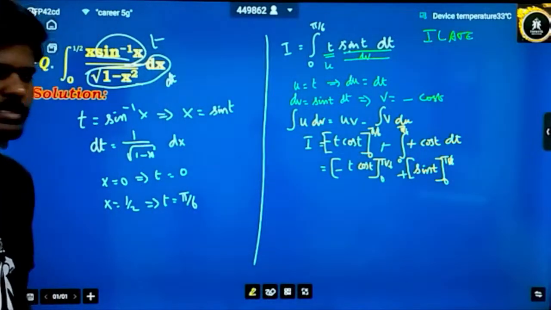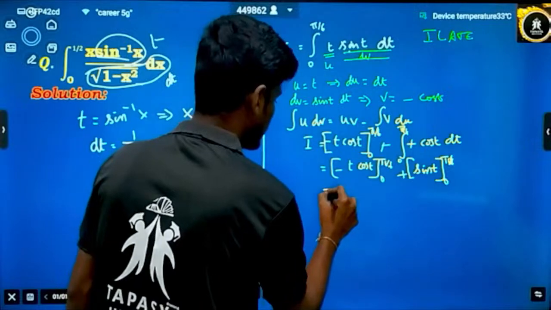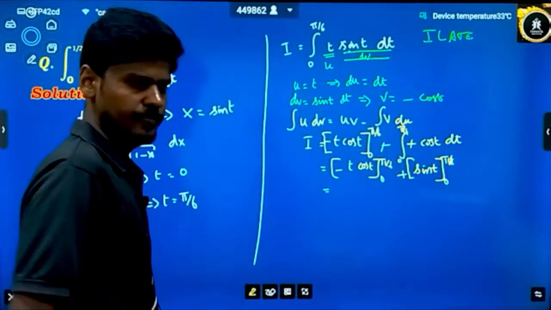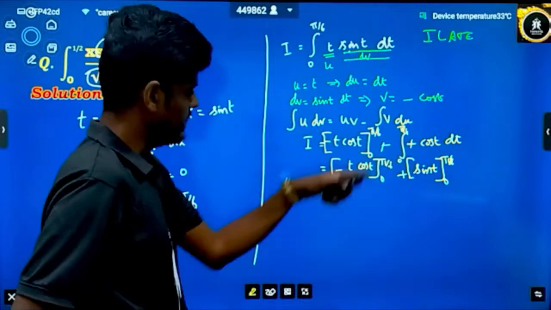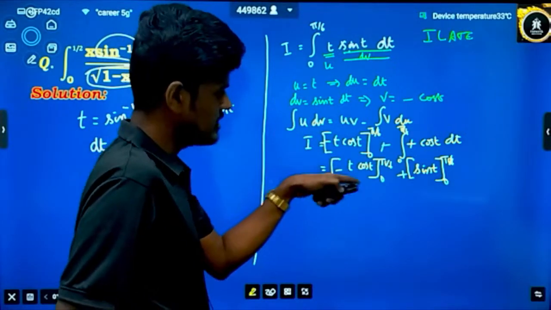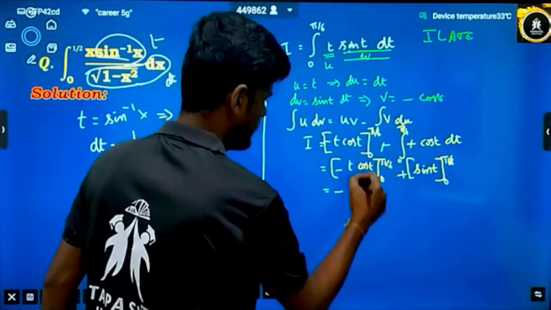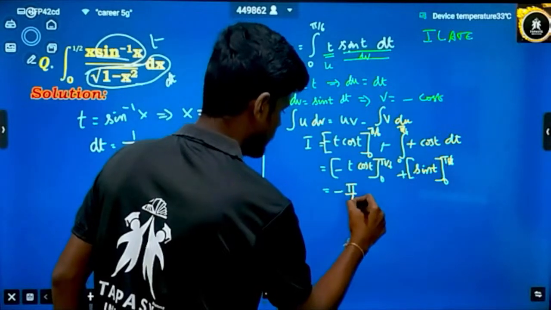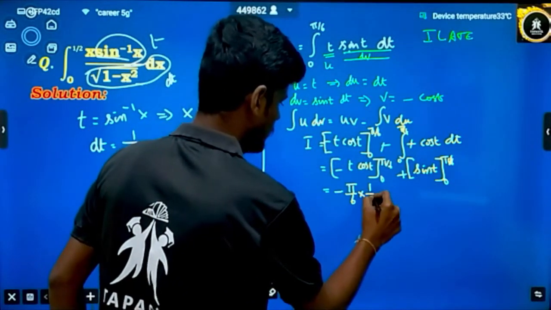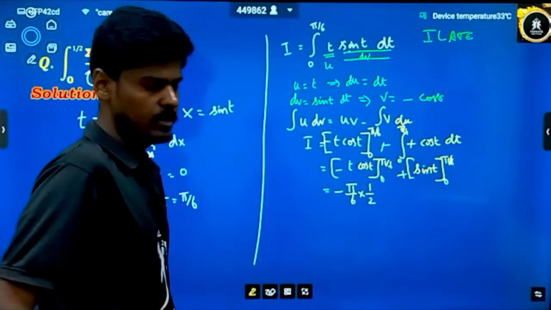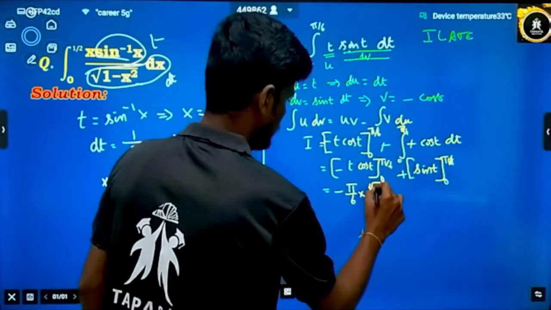That is it. Easy. So what we need to do? Just apply the limit. That is minus of, when apply lower limit it is 0 anyways because t is 0. When you apply upper limit we will get minus pi by 6 into cos pi by 6, sorry, root 3 by 2.